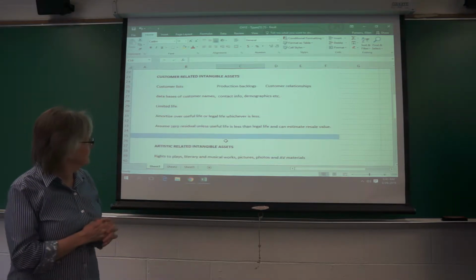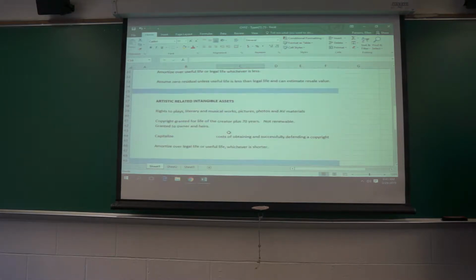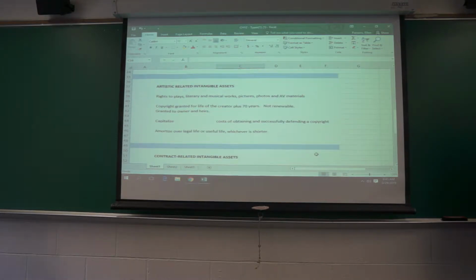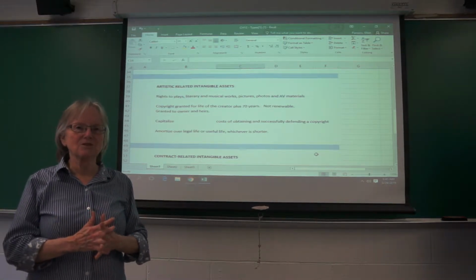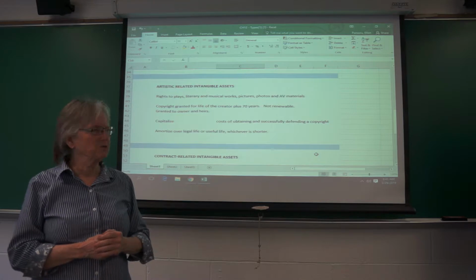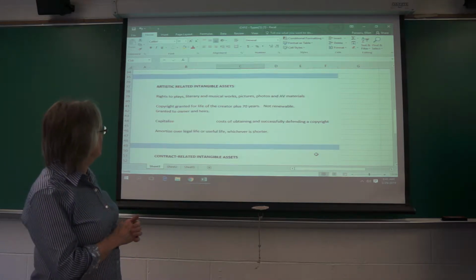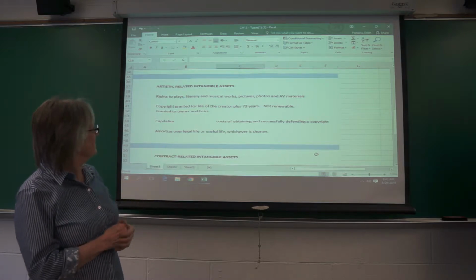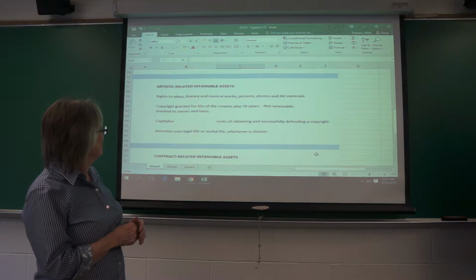Okay, so then you have your artistic related intangibles. And this is a very complex area. If you want to see some of the complexities here, you could see what Disney is trying to do with some of their copyrights on Mickey Mouse and all of that. But these are your rights to plays and music, a lot of artistic materials.